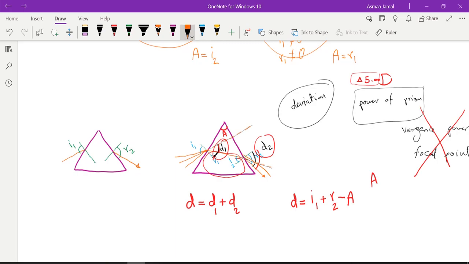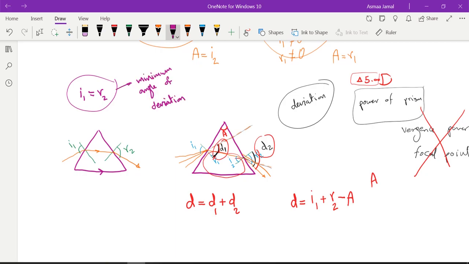And in that case, the light ray inside the prism will be parallel to the base of the prism. So when the first incident angle equals the second refracted angle, the ray inside the prism is parallel to the base of the prism, and this case we call the minimum angle of deviation.